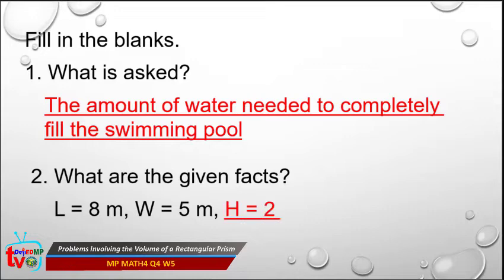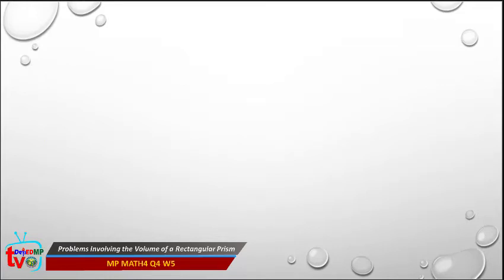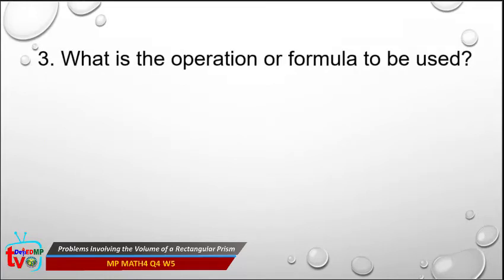Length is equal to 8 meters, width is equal to 5 meters, and height is equal to 2 meters. For number 3, what operation or formula should be used? Volume is equal to length times width times height.